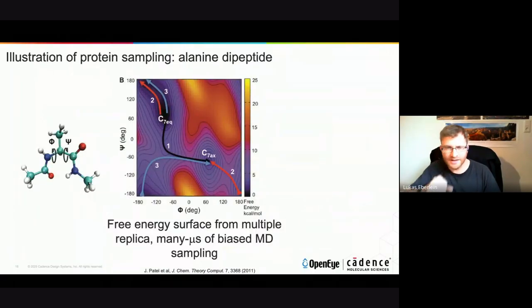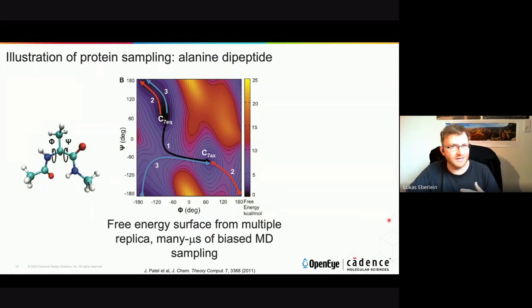To illustrate this, let's have a look at this alanine dipeptide example system. Here we have the free energy surface from many microseconds of biased MD, so replica exchange MD, and that's a lot of simulation needed to sample such a simple free energy surface, just the rotation around the phi and psi angles of this alanine dipeptide to identify this metastable state here.